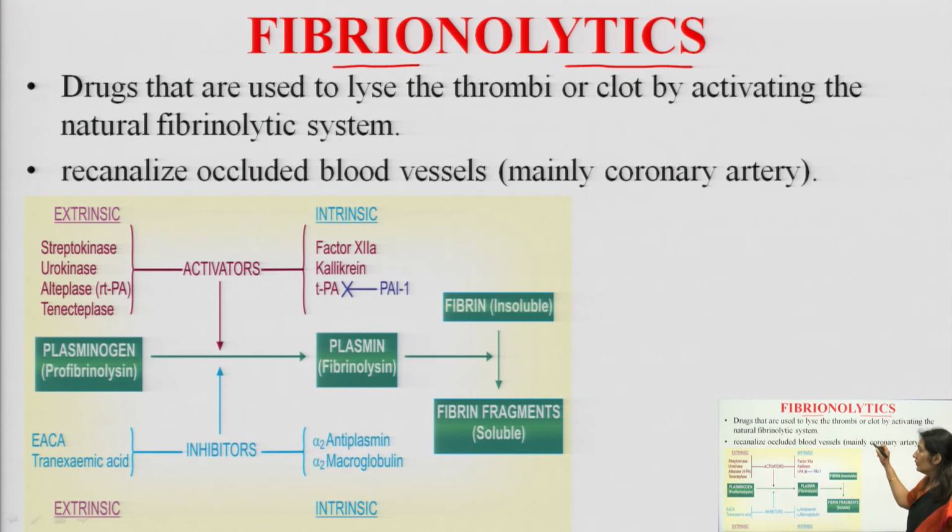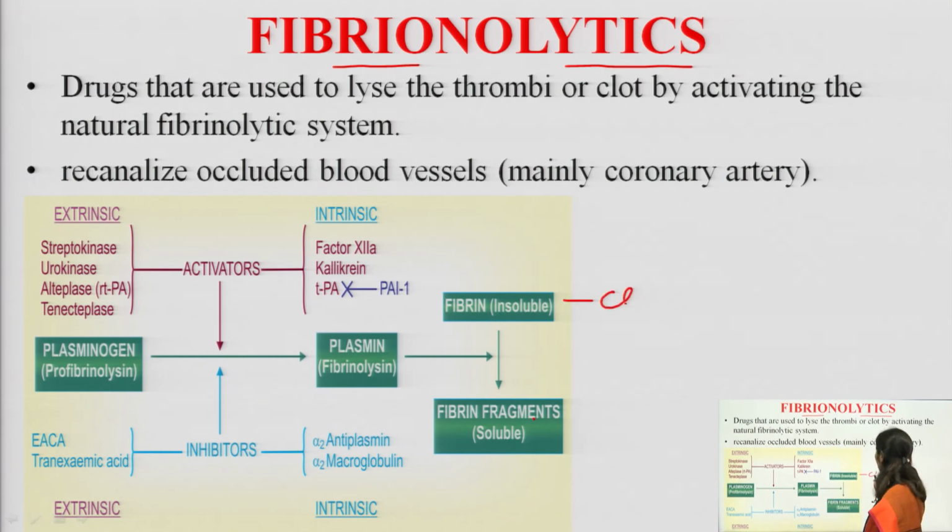So, what happens? Insoluble fibrin is converted into fibrin degraded products by the action of plasmin. This plasmin gets activated from its precursor plasminogen. So, fibrinolytic drugs dissolve this clot.